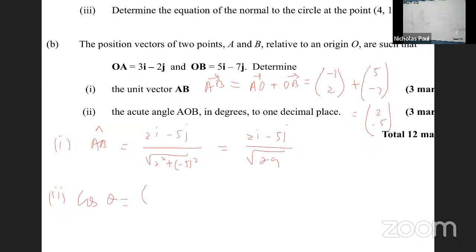So the dot product is 3 minus 2 by 5 minus 7 all over the square root of 3 squared plus minus 2 squared, that's 9 plus 4, and then here is 25 plus 49 as 74.